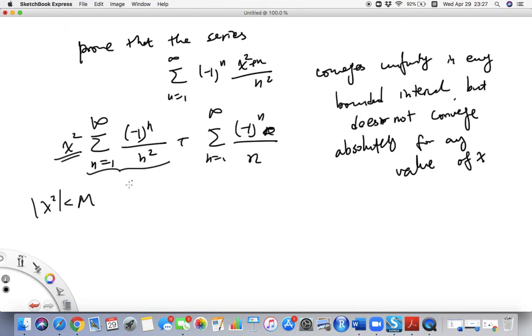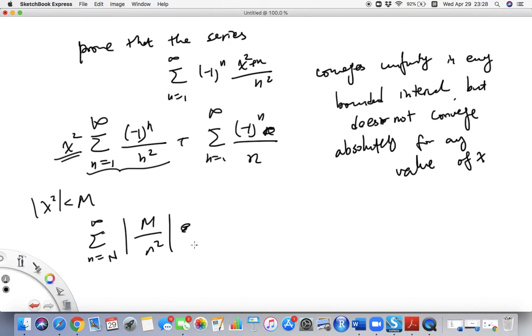Okay, so the tail of the series, n from N to infinity, I can put on absolute value, right? M over n squared.